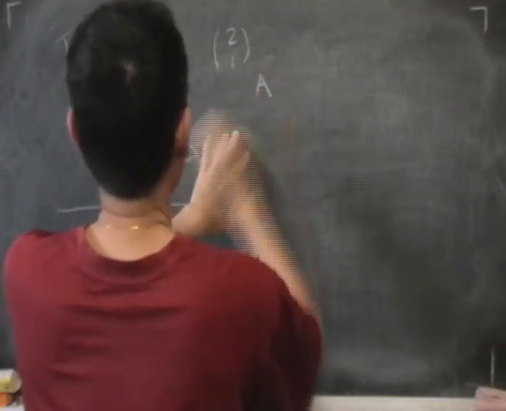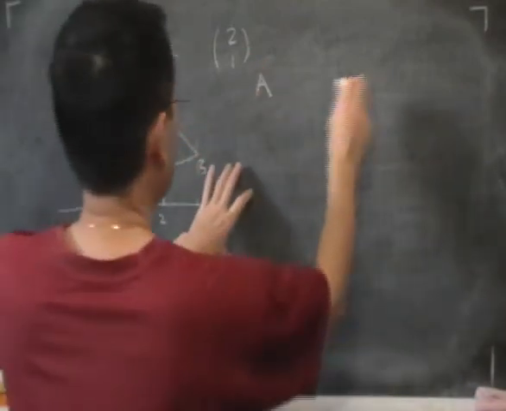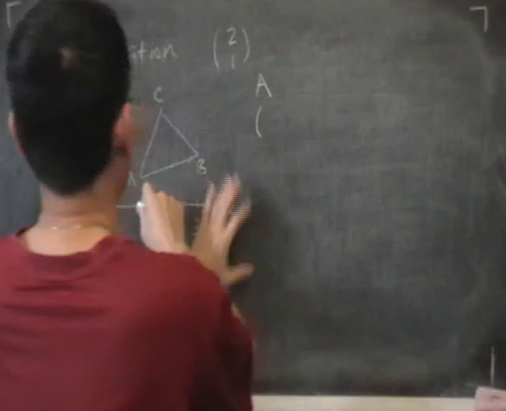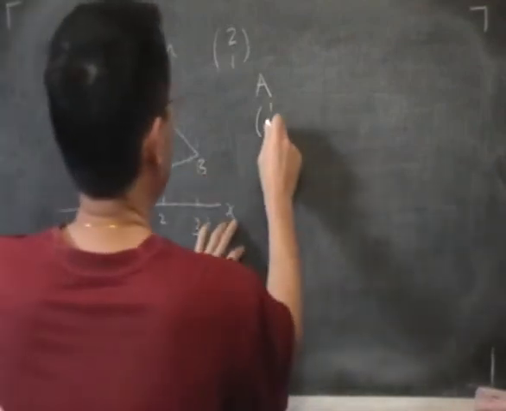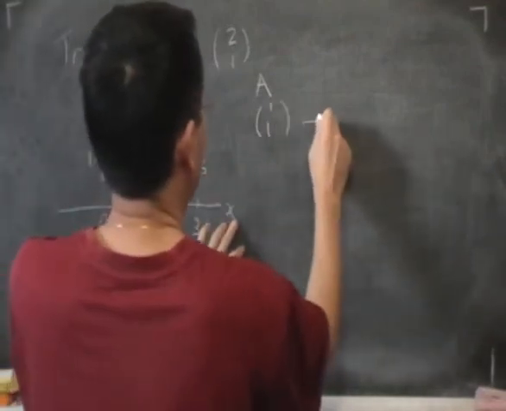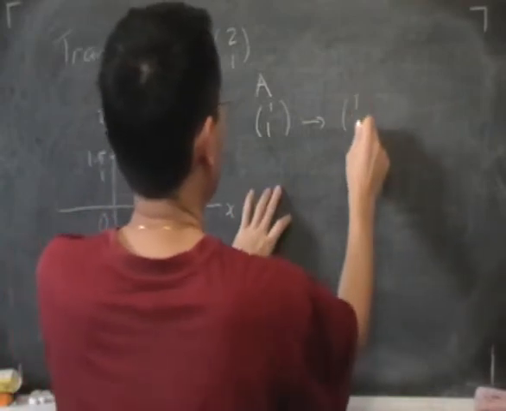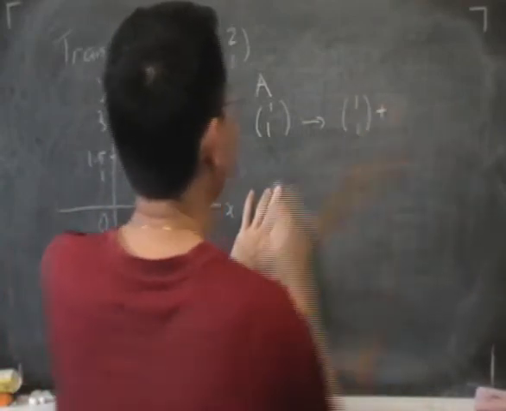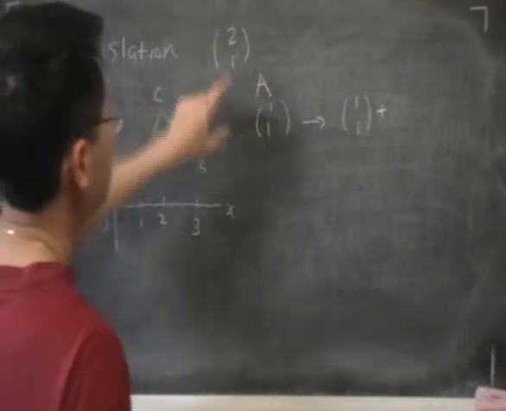So for A, to find the new point, we would take 1, 1, and this will go to 1, 1 plus 2, 1.